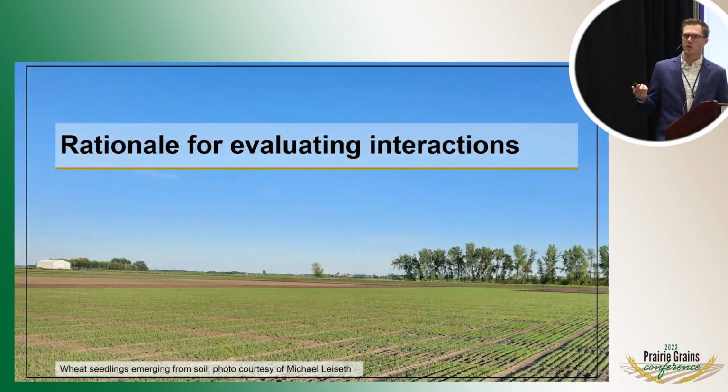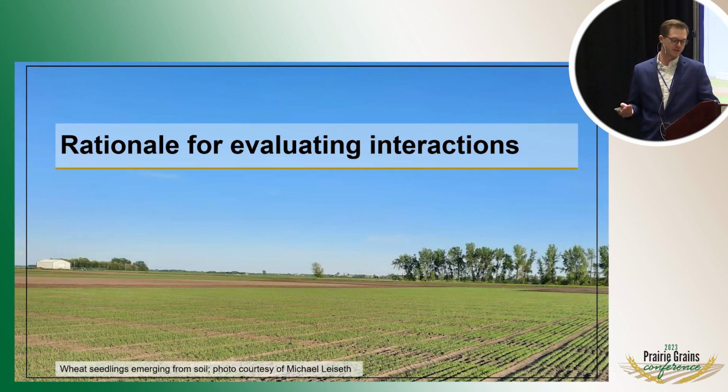So moving to why we were interested in doing this trial, right? We have a pretty general understanding of the environments that are conducive for disease development, but the information on the interactions between drainage and root diseases and the impact of those seed treatments in these drained conditions is really lacking.